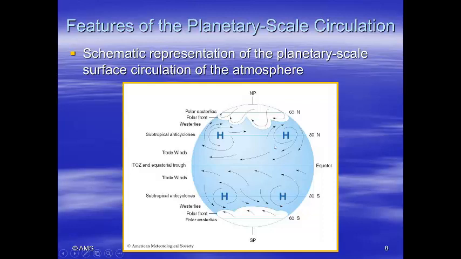What this is going to do is cause winds to converge at the equator, and we call this the ITCZ, or the Intertropical Convergence Zone, and it also is called the equatorial trough because we have lows there. The winds that blow in to form this convergence are called the trade winds.